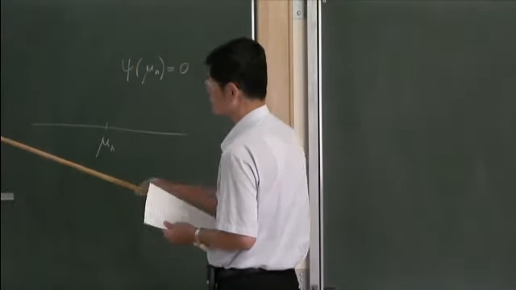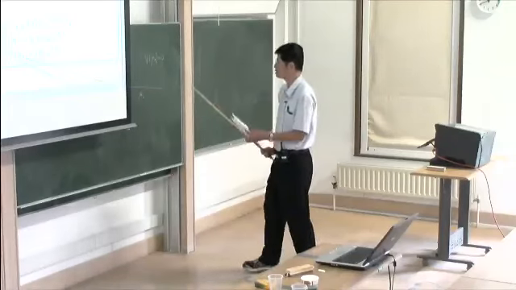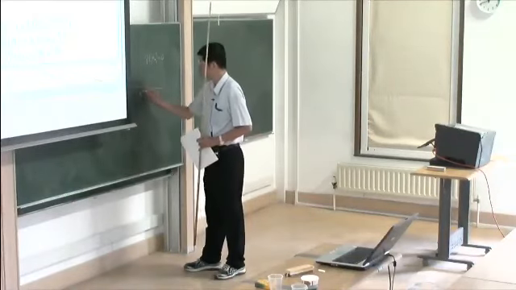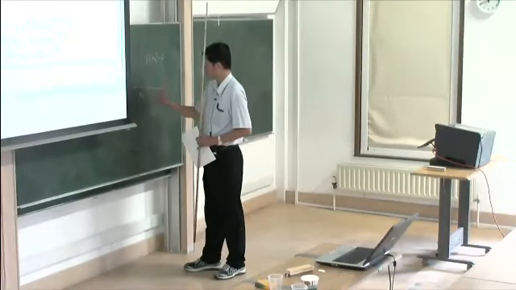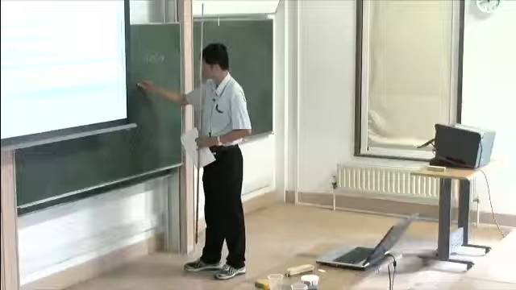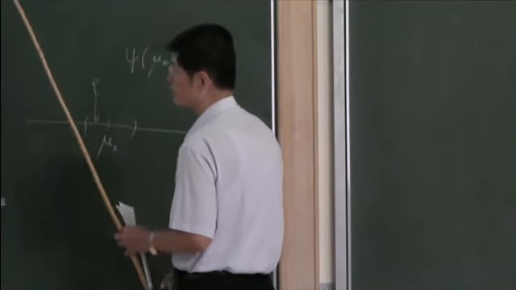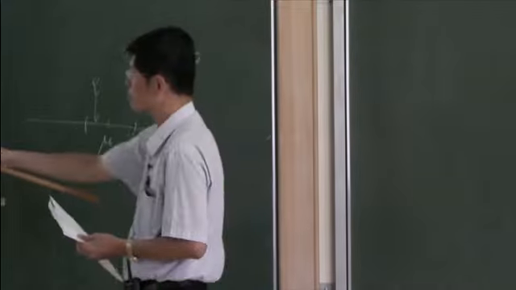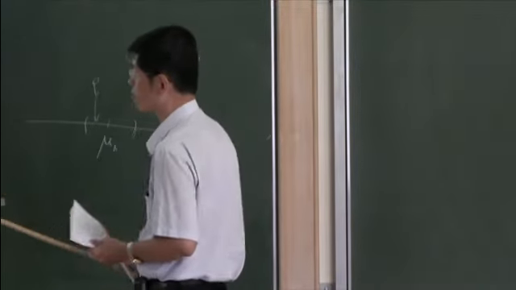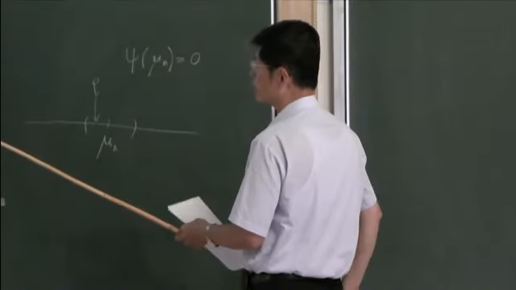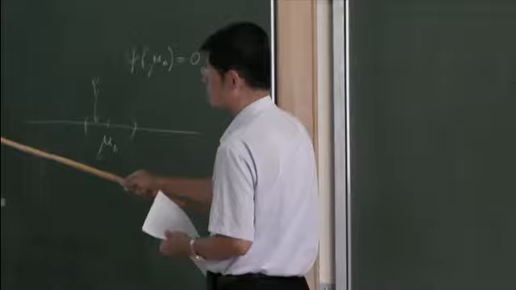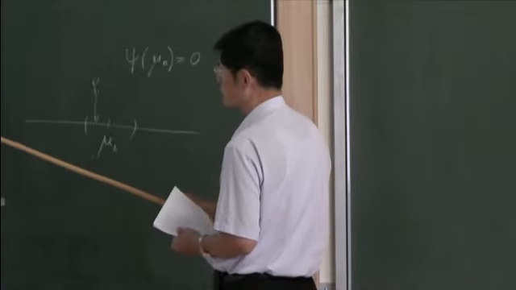I'm sorry, this is psi. This is psi, and near this mu_n, for any rho close to this mu_n, this psi won't change a lot. Okay, and the rate of change is negative n.